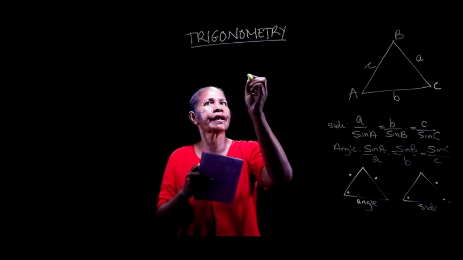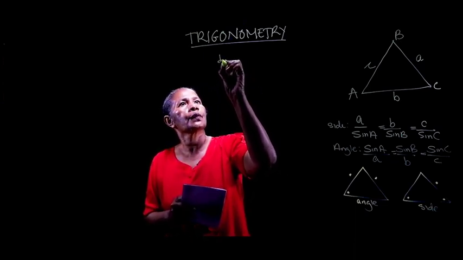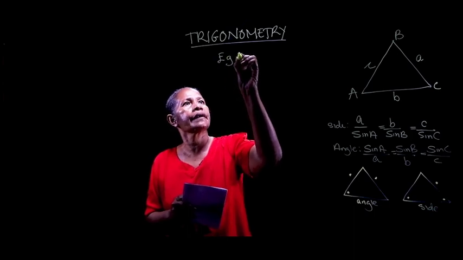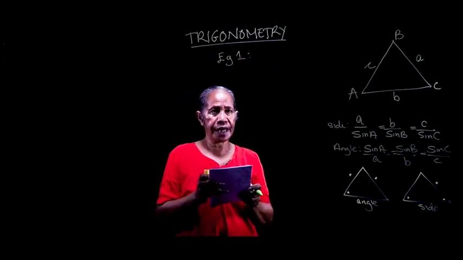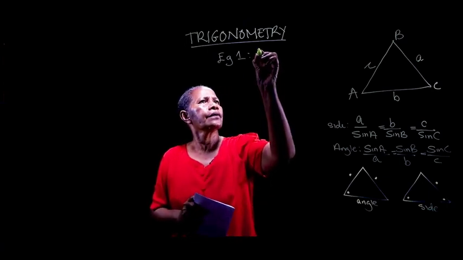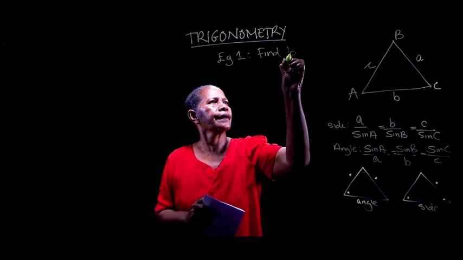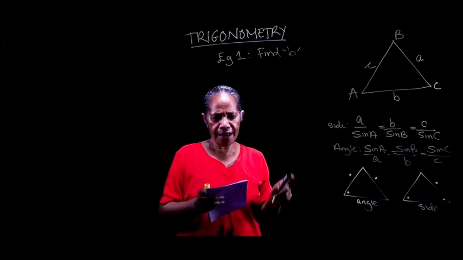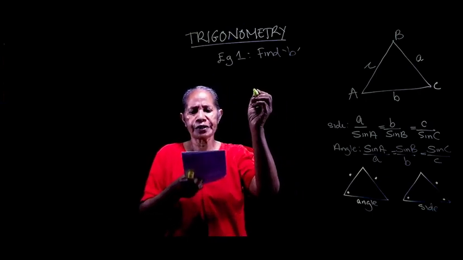Example number 1. We are finding a missing side b. Let's see our triangle.